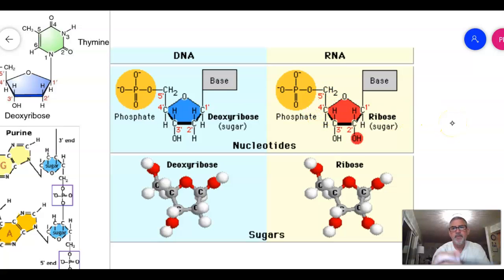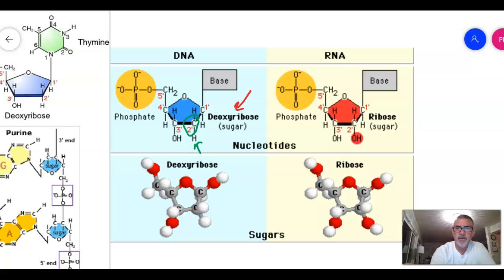So components of DNA: we have deoxyribose, and it's deoxy at the 2' carbon. So it's deoxy at this 2' carbon right here, because you'll see that I have an H here.